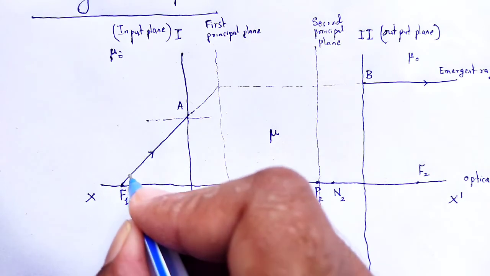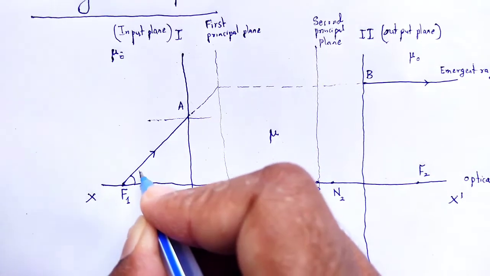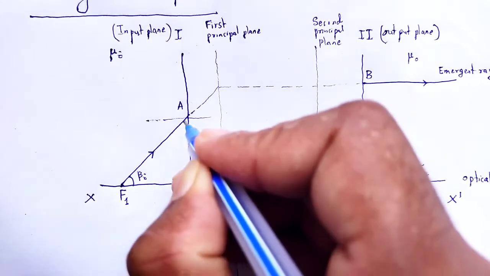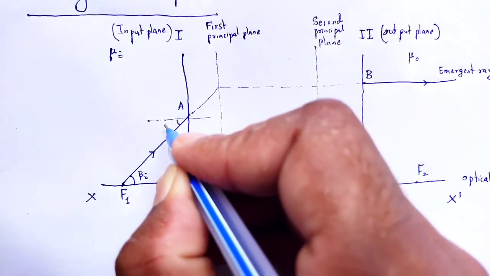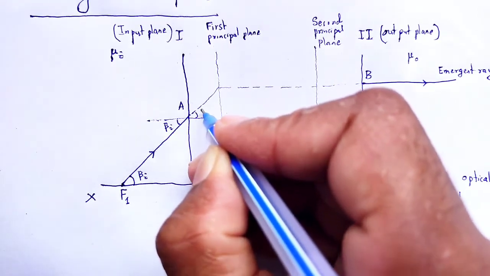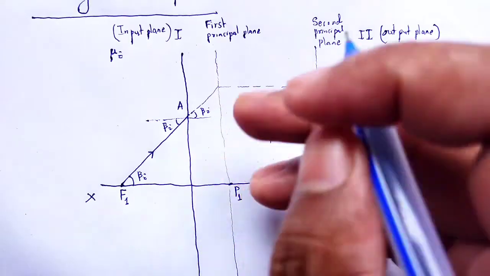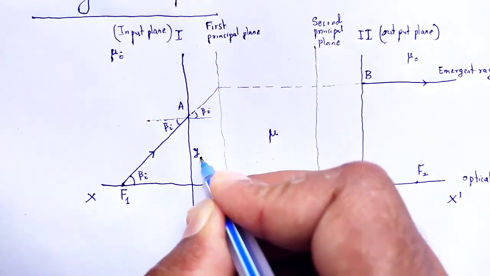So the angle subtended by the incident ray is beta I, and the height is yi.